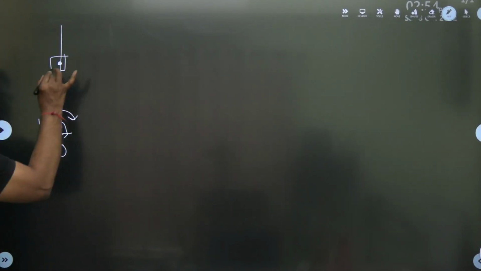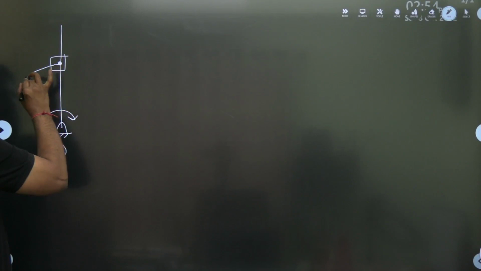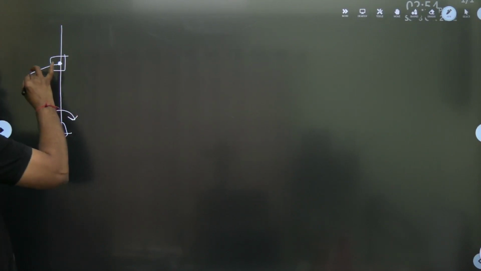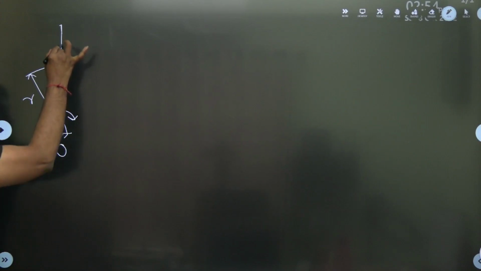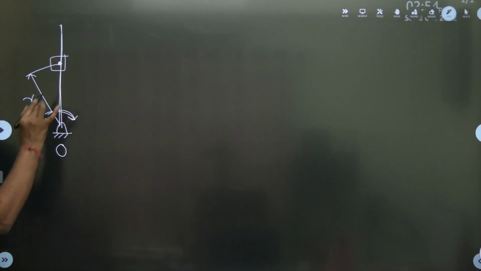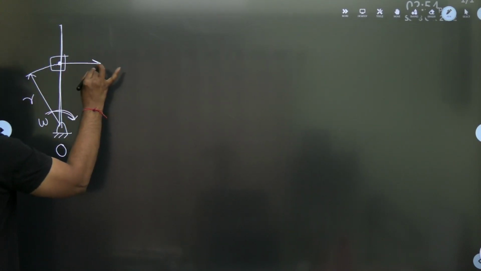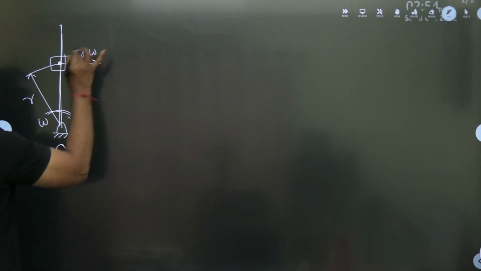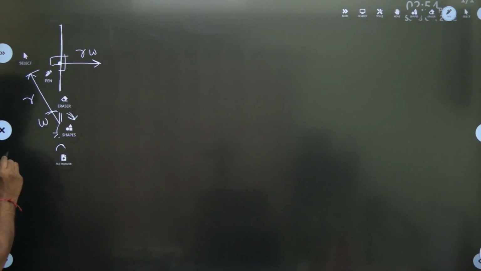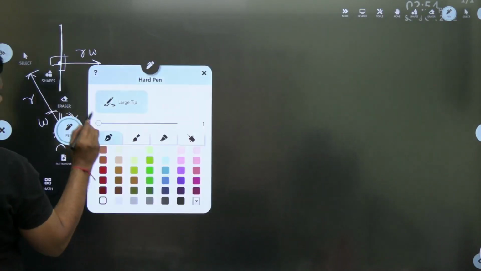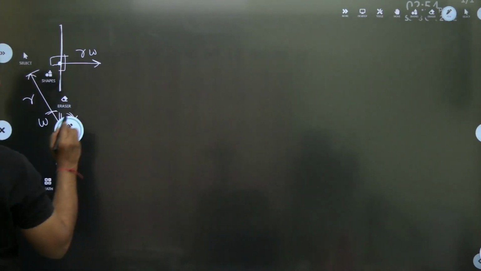So this is the initial situation. Let this radius be r, and initially this link is rotating at omega. So the tangential velocity is given by r omega. Ek second, we'll take a different color.